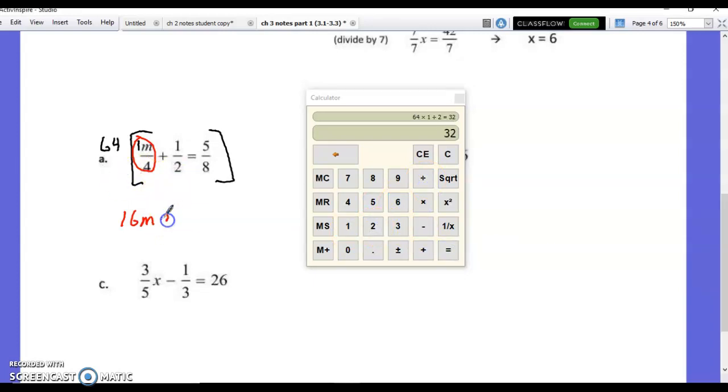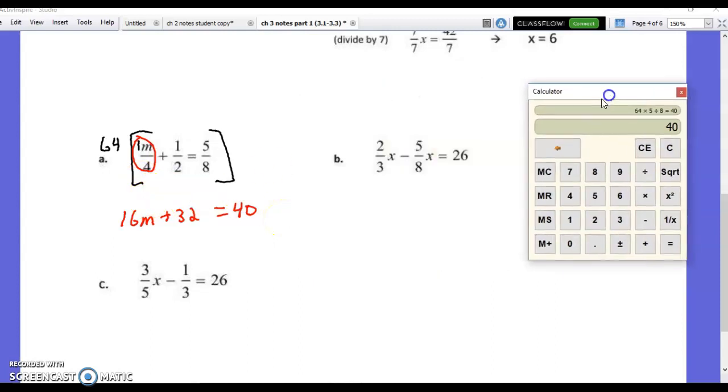So I'm going to do plus 32 equals 64 times 5 divided by 8, which gives me 40. So what I just did there was clear the fractions. Now I just have to do my 2-step problem to solve for the variable.